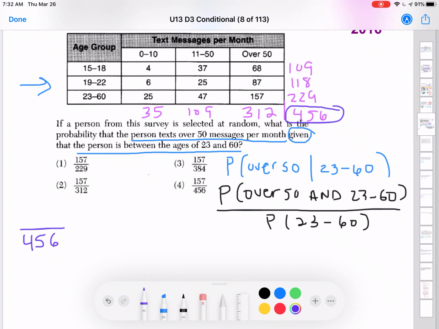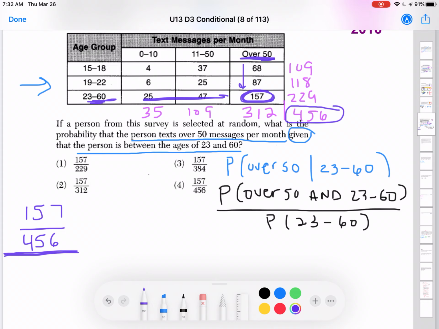And so we're looking for the intersection: over 50 and 23 to 60. Do you see how that's this one here? That's the intersection of the two. So 157 over 456.